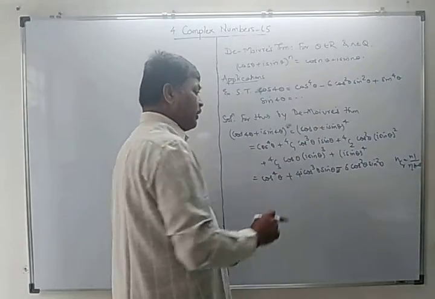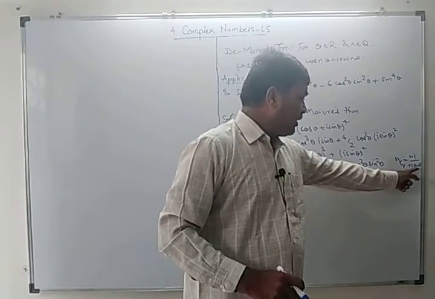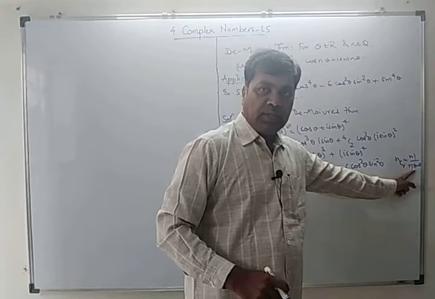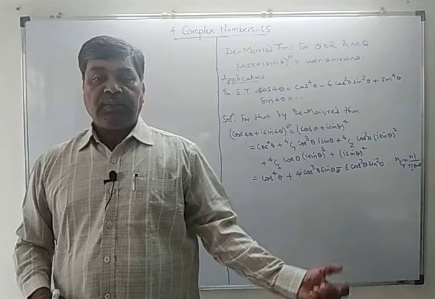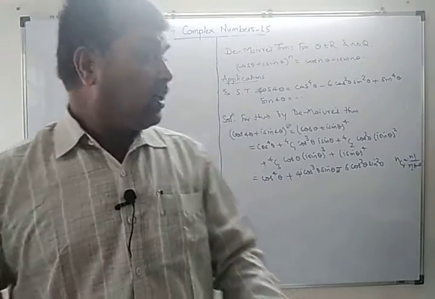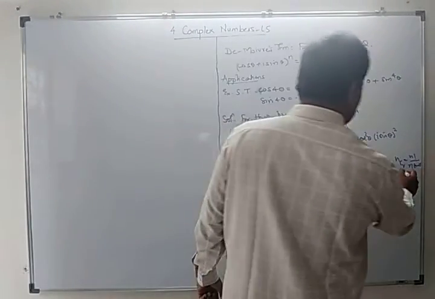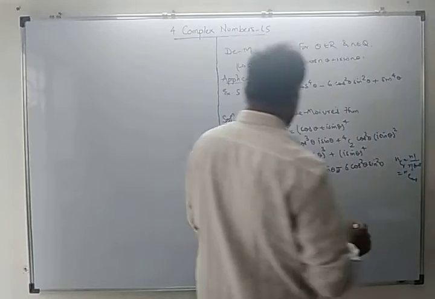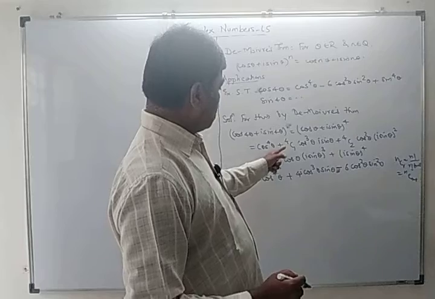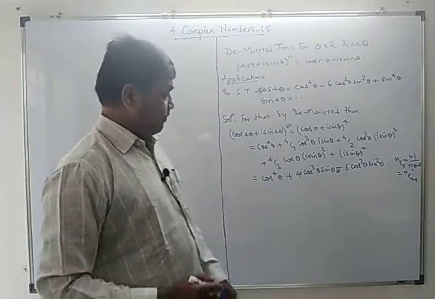4C3 is again 4 factorial upon 3 factorial into 1 factorial, that is 1, and 4 factorial is written as 4 into 3 factorial upon 3 factorial, which gets cancelled. We know that nCr is also the same as nC(n minus r). So your 4C1 is the same as 4C3.